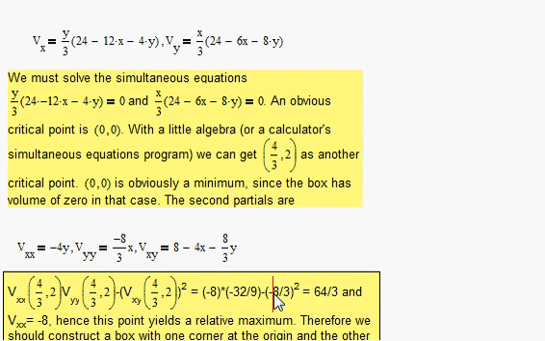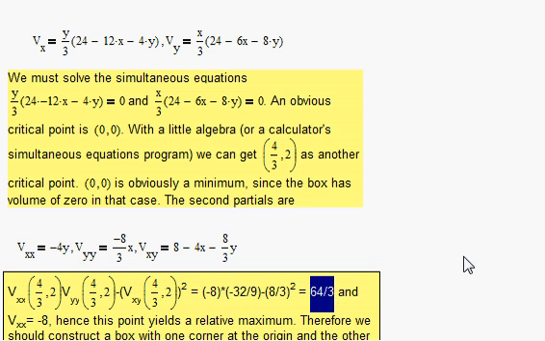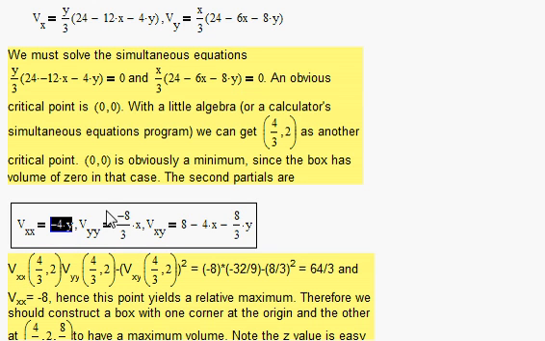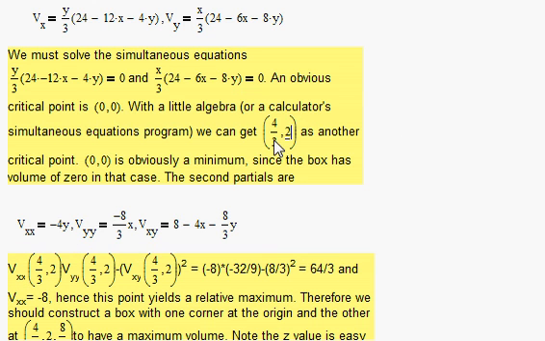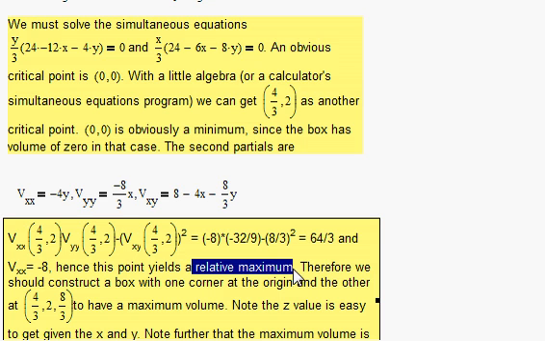Although I have it as minus 8/3 squared, either way it doesn't make any difference since I'd be squaring it anyway. So we got this minus this squared, and that comes out to 64/3, and our second partial with respect to x evaluated here would be just negative 8 at that point. So that point does yield a relative maximum.